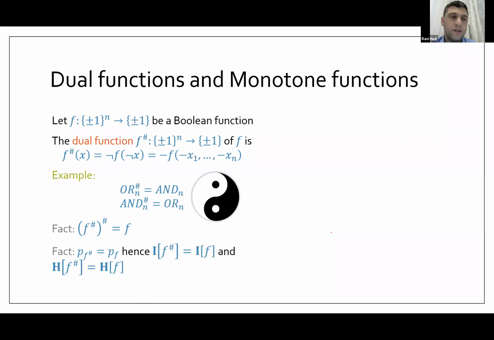And if you do it twice, then you get back the original function. And another nice thing about it is that the absolute value of the Fourier coefficient is the same. So the squares are the same, and the distribution is the same. So we get the same influence and the same entropy. So that's dual functions.